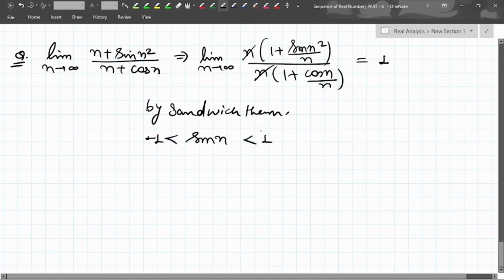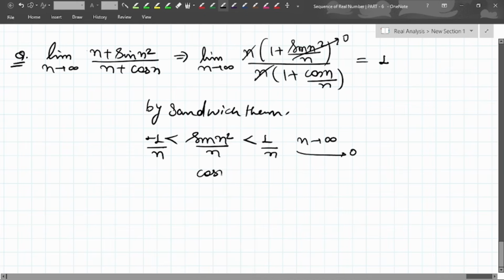If I make the square of this, it is not sine square, it is sine n square, and again it will be bounded between 1 and -1. Then what if I divide by n? My sine n square over n is bounded by 1 by n. And if I take n tending to infinity, then this is going to 0.